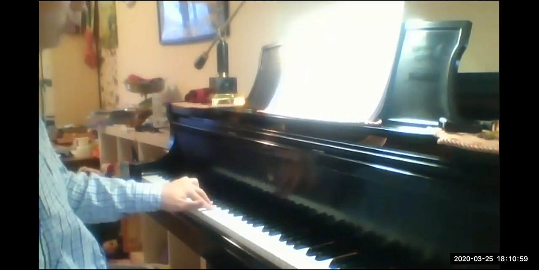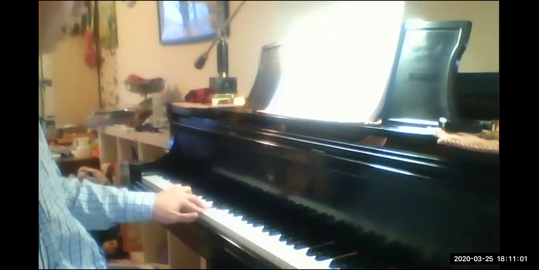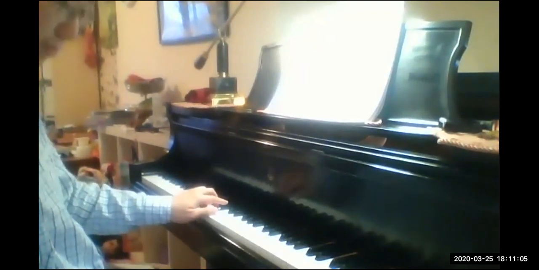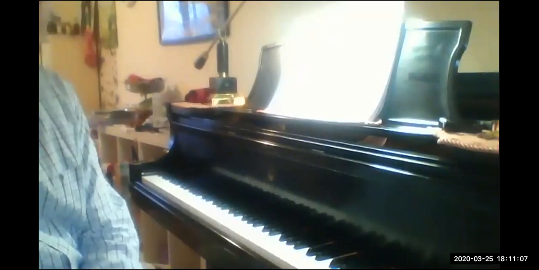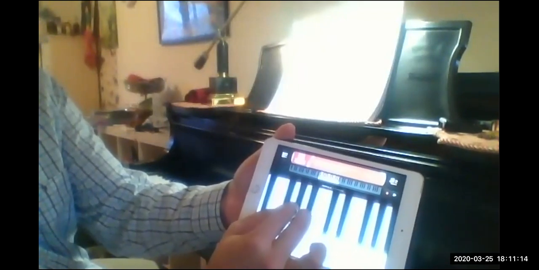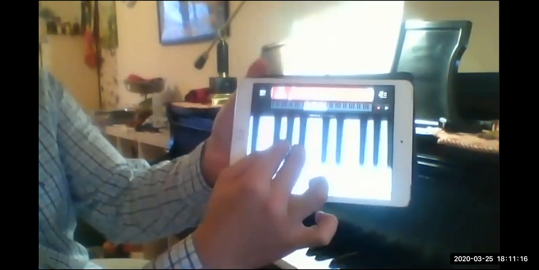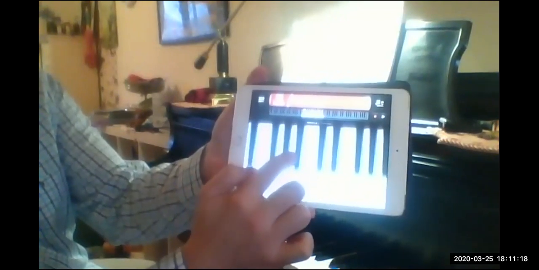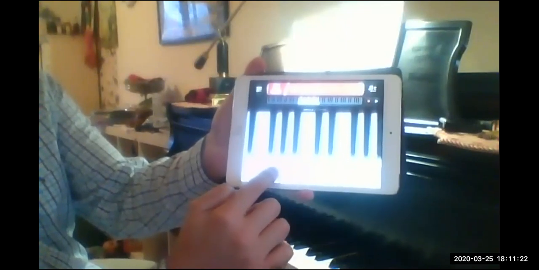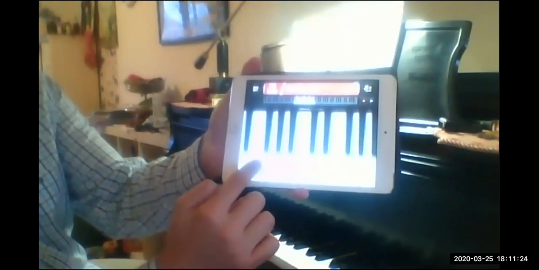And then the middle two notes will be G and A. And then find F note. G, a whole step down, is the F note.